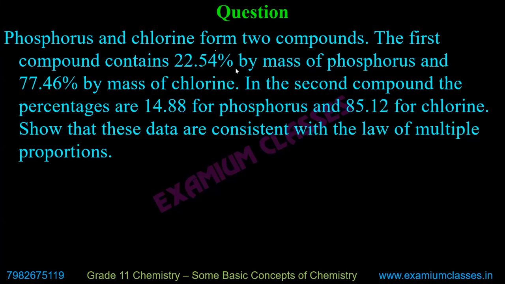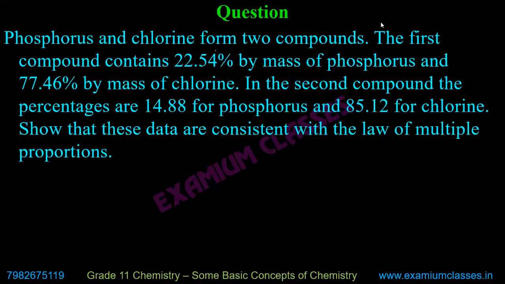You can just post the values you got for 1 gram of phosphorus. In the first case, what is the value of chlorine you got? In the second case, what is the value of chlorine you got? And sir, do we also have to find the ratio like we did in the previous question?